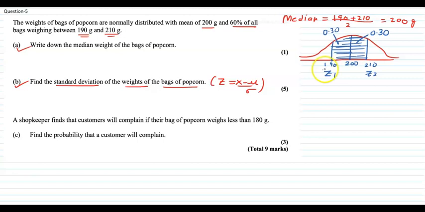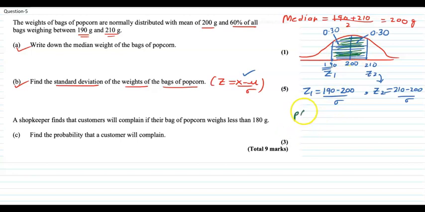For this value here, 190, we can find the Z1 value. Z1 is, using the x minus mu over sigma formula, 190 minus 200 over sigma. And Z2 will be 210 minus 200 over sigma. Now the probability between 190 and 210, this green area, is 0.6.